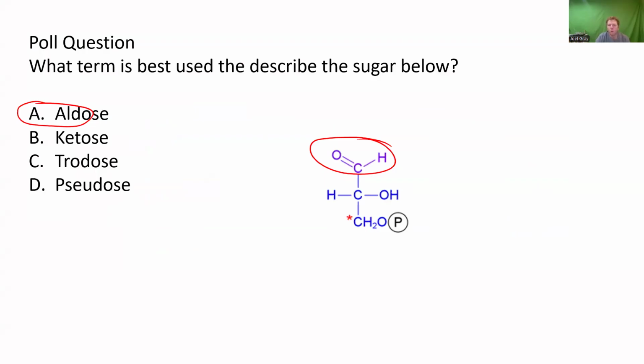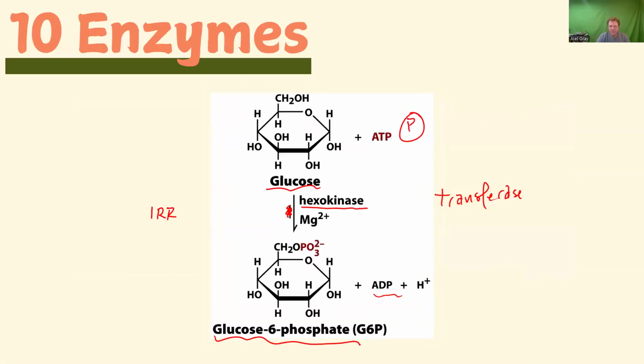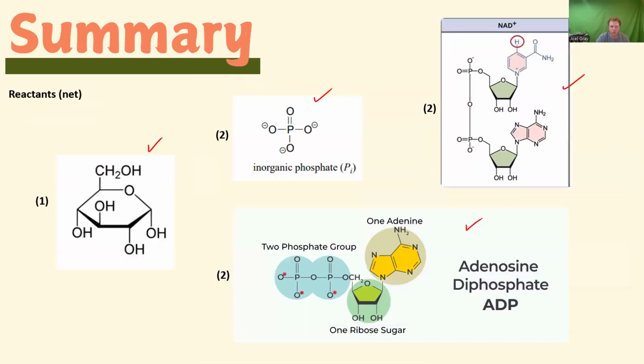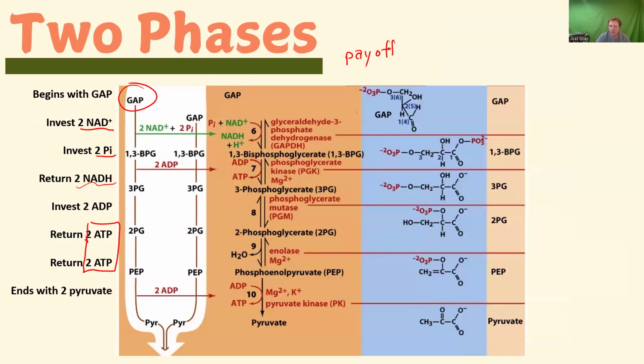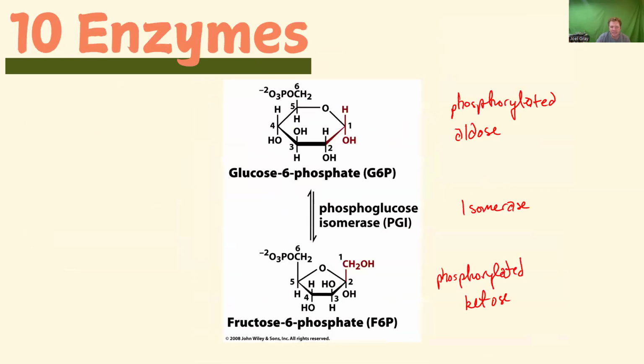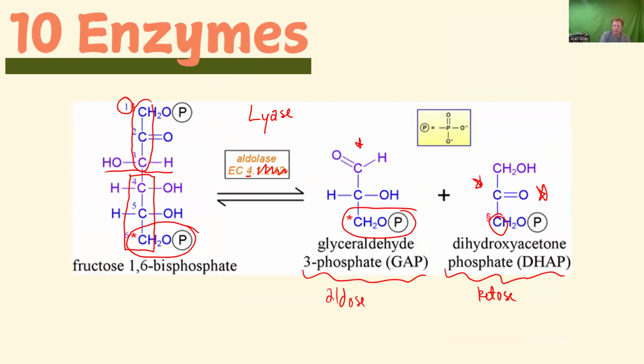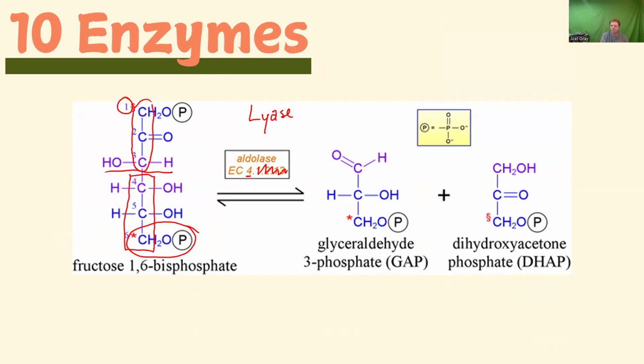Now, what we want to do for the second phase of glycolysis right here is we want to start with a pair of glyceraldehyde 3-phosphate molecules, GAP molecules. So what that means is, sure, we broke this into 2 molecules, a glyceraldehyde 3-phosphate and a dihydroxyacetone phosphate.